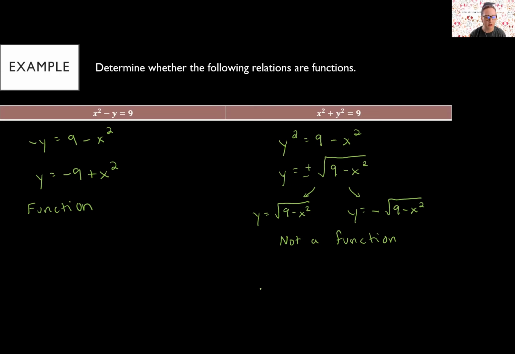You can do stuff without functions, it's just sometimes you can't get the granularity that you want if things are not functions. And for people in computer science, anything you want to code, you want to make sure it's a function, because if there's more than one possible output of your program, it's going to have issues, because a computer needs to have one output for every input.